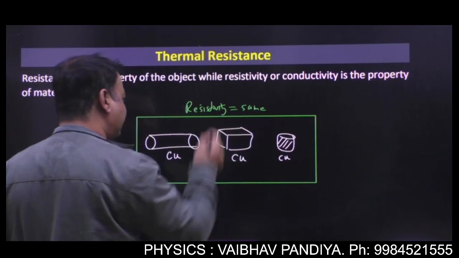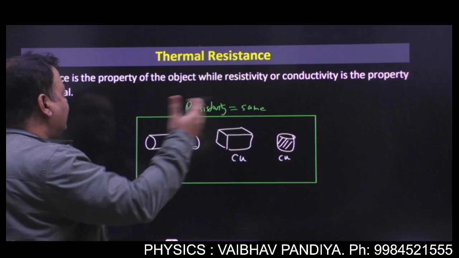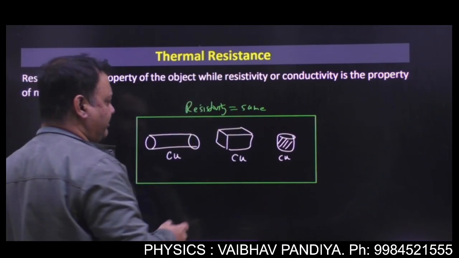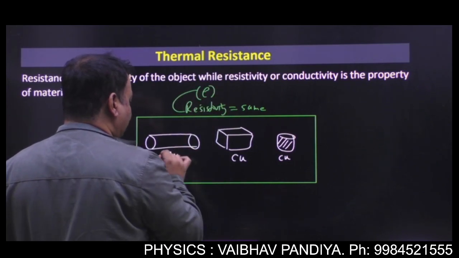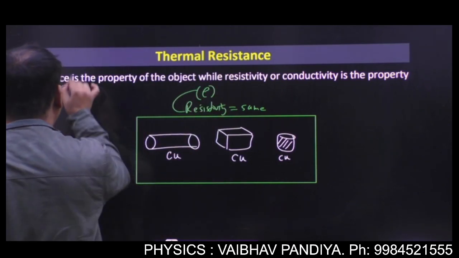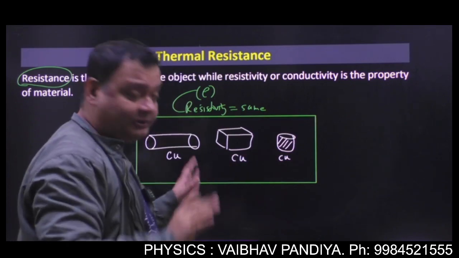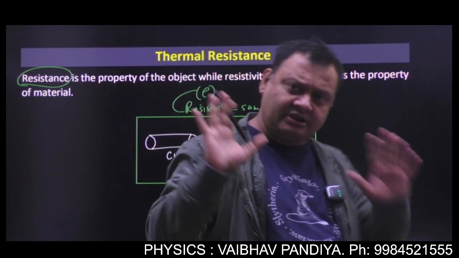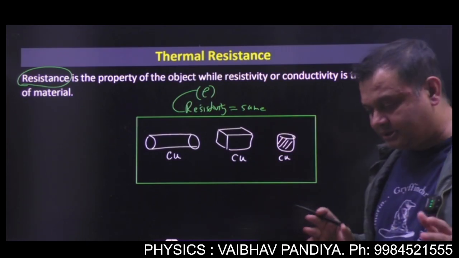And we will see conductivity is 1 by resistivity. So if resistivity is the property of the material, conductivity will also be the property of the material. Resistivity is usually denoted by rho. But resistance is not the property of the material. Resistance is the property of the object. So they may have different resistances, whether it is thermal resistance or electrical resistance. Got it?